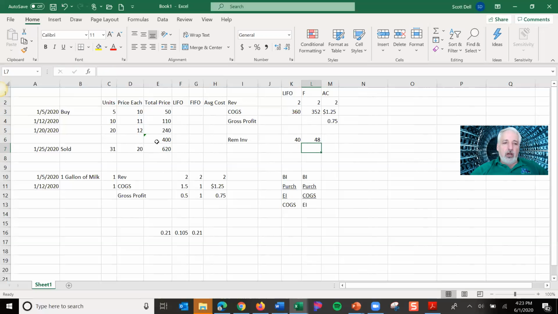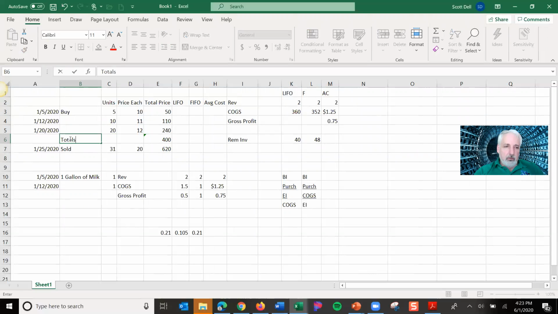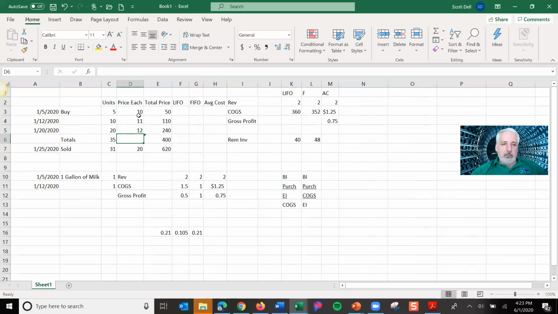Now my average cost, I've got to calculate an average cost per unit. And what are my total units here? I've got 35 here. I'm not going to take total price, it doesn't make any sense. My average cost is not $11, by the way. Why? Yeah, my median is $11, but my mean is 400 divided by 35.